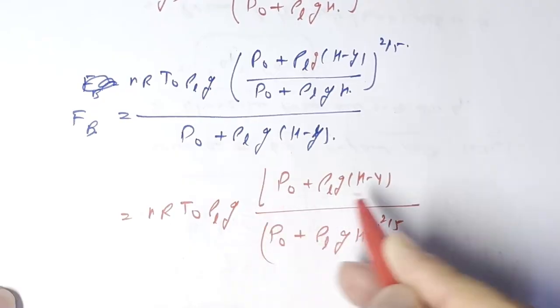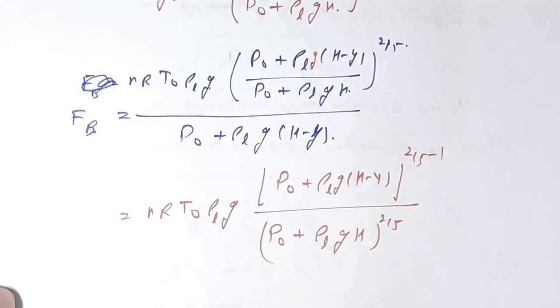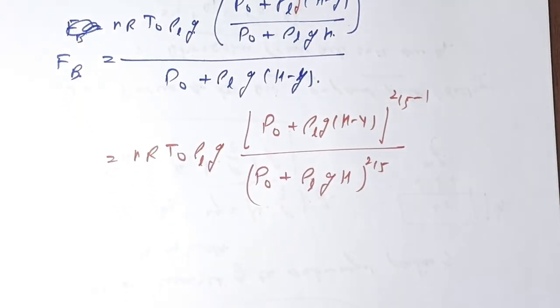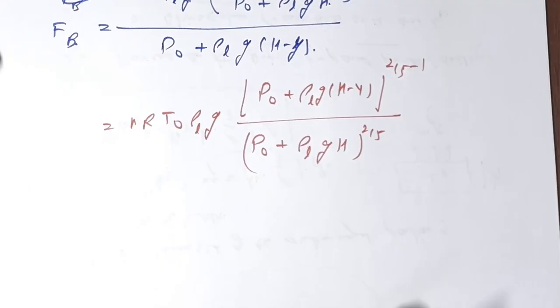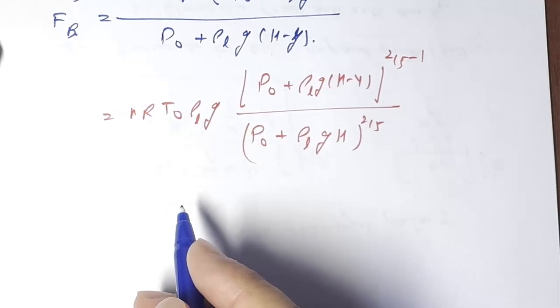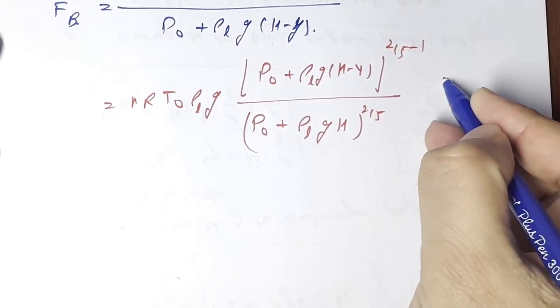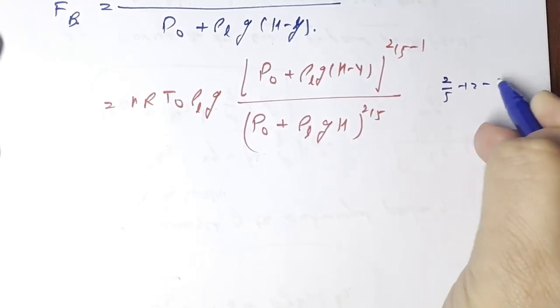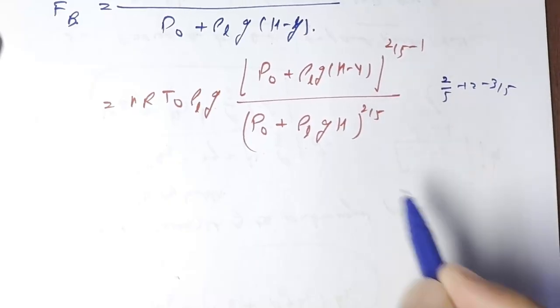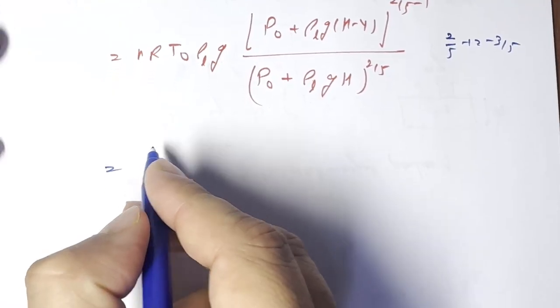And the exponent becomes 2 by 5 minus 1, which is minus 3 by 5. So we take this into the denominator.